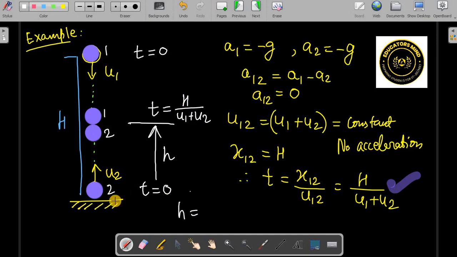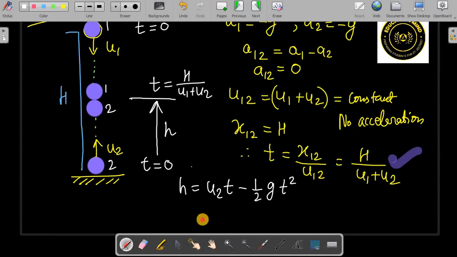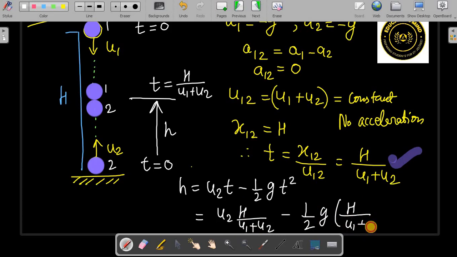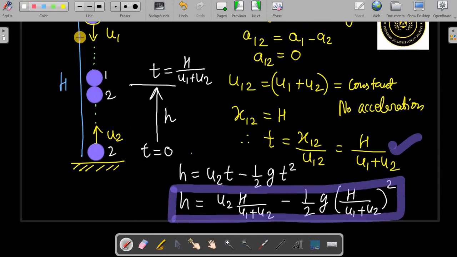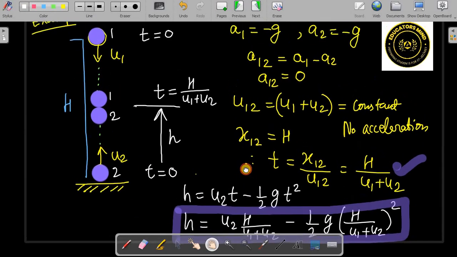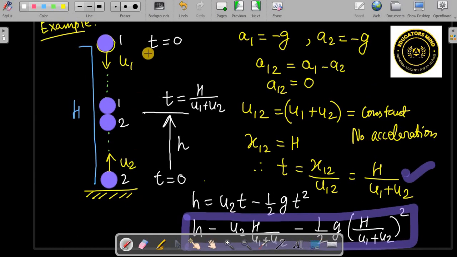Taking the bottom one, H is equal to ut minus half g t square, with t equal to h by u1 plus u2. So H equals u2 times h by u1 plus u2, minus half g, h by u1 plus u2 whole square. This is the height from the bottom where they are going to meet. If you want the height from the top, let's say that height is y.